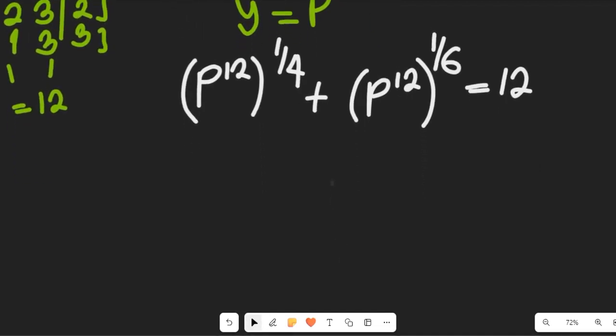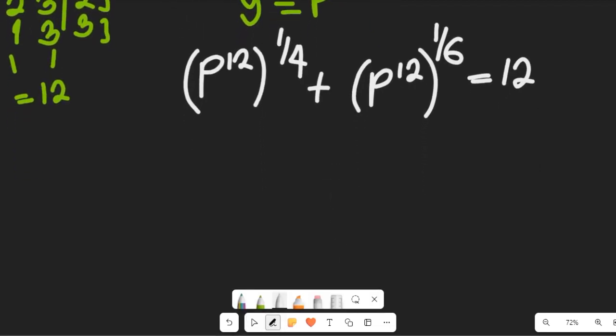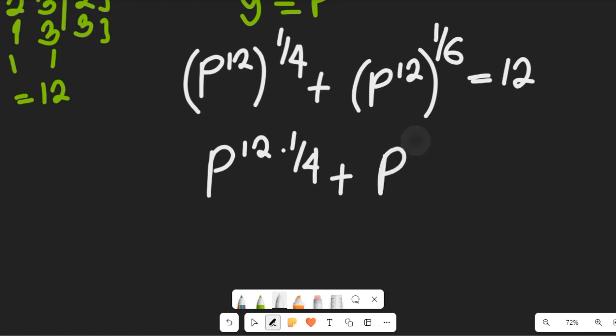In the next step, the exponents will multiply, and this will give us p to the power of 12 multiplied by 1 divided by 4 plus p to the power of 12 multiplied by 1 divided by 6, and this will be equal to 12.